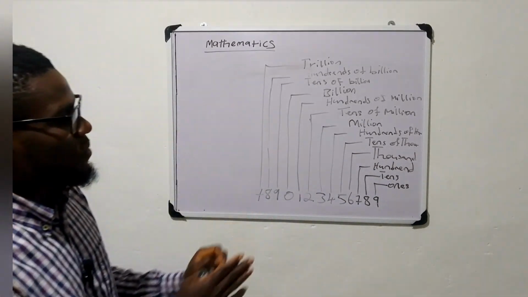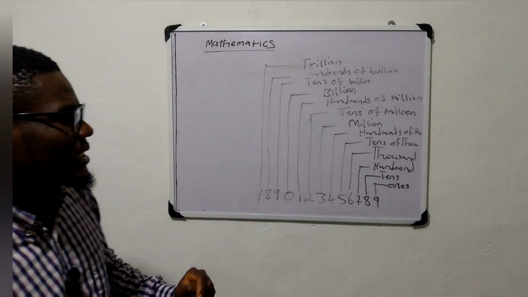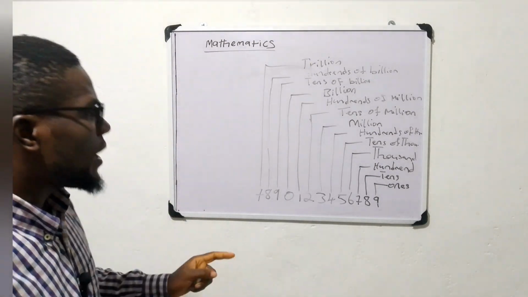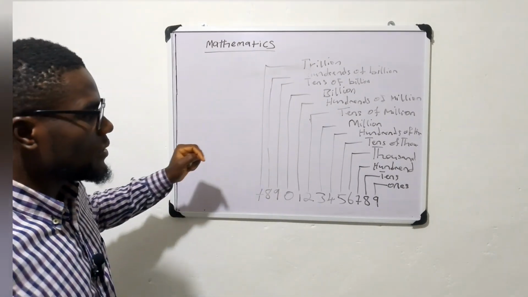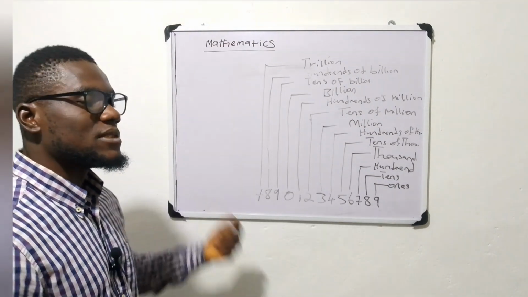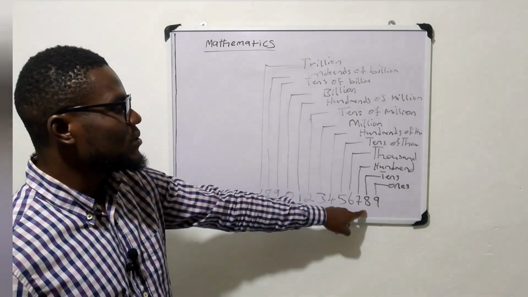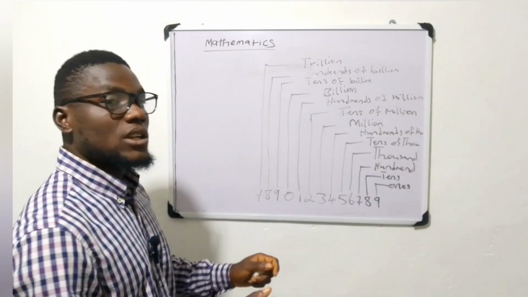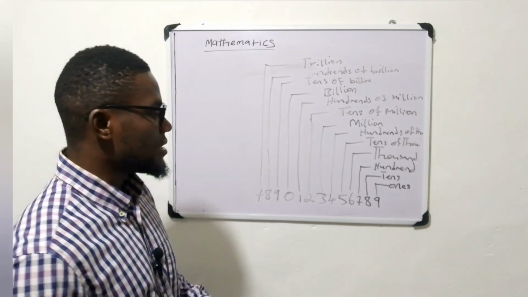Now, with this in mind, we're going to look into something else, which is also very important. Remember, place value doesn't stop at helping us identify the value of the position of a digit, but it also helps us to read numbers.